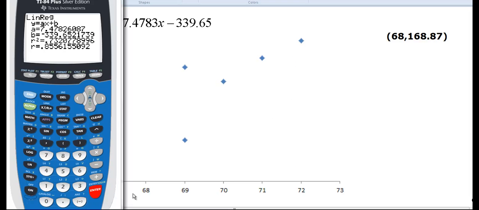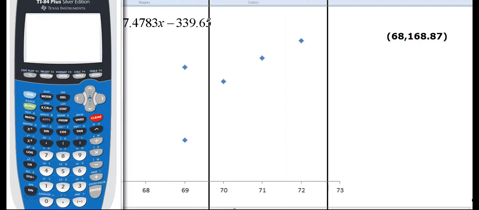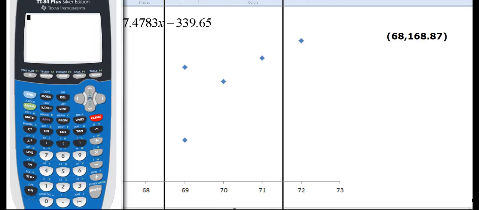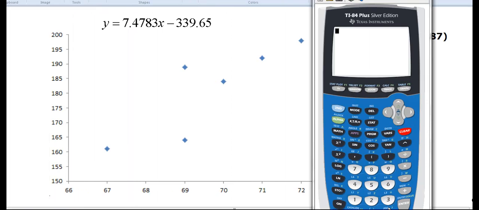So we'll take the calculator, and the equation of the line is 7.4783, and I'm just putting in 72 here and subtracting 339.65.